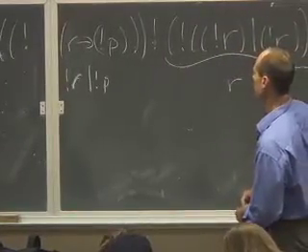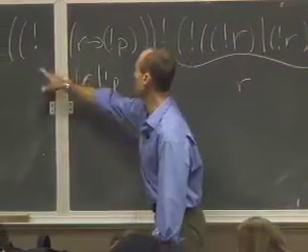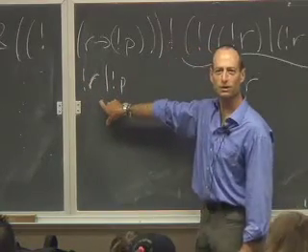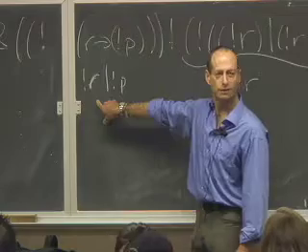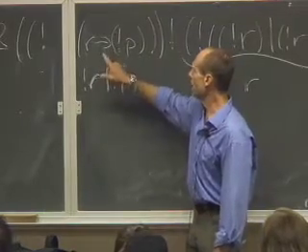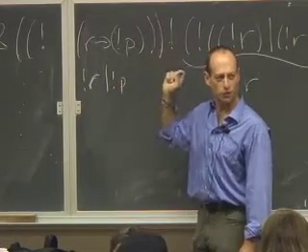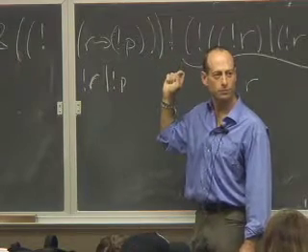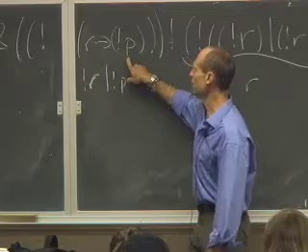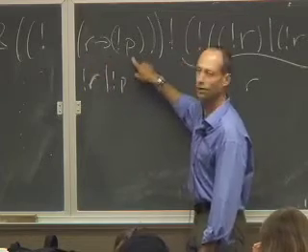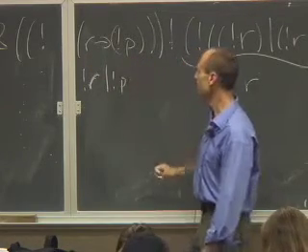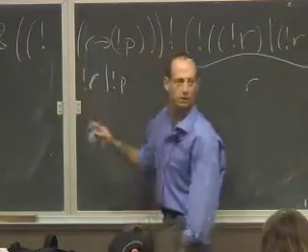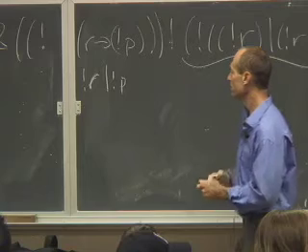Okay, but we are now negating that. How do you negate a disjunction? P implies Q is logically equivalent to not P or Q. So R implies not P is logically equivalent to not R or not P. Okay, we're now negating this, right?